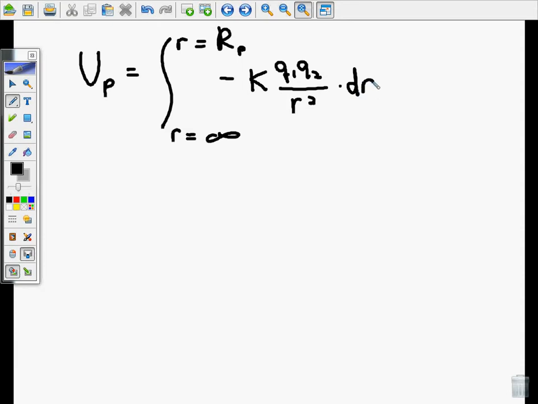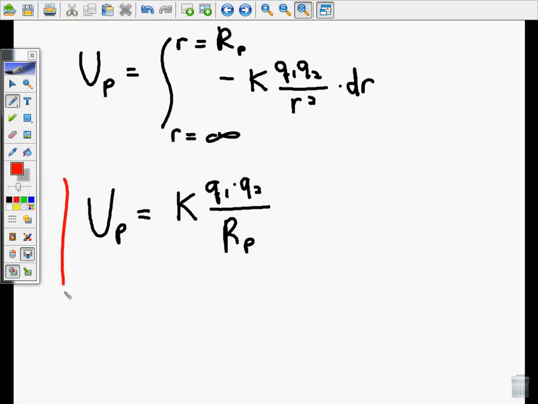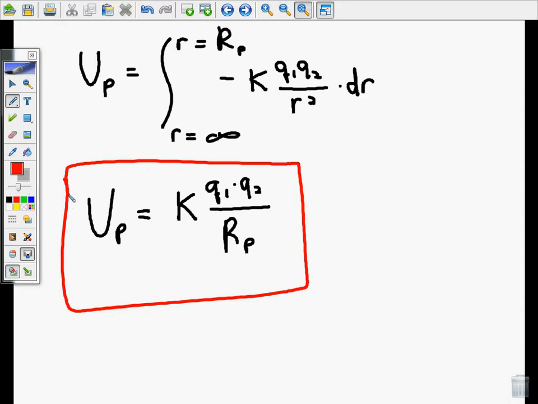And when we integrated this, what we end up getting is k Q1 Q2 over r sub P. Been there, done that.